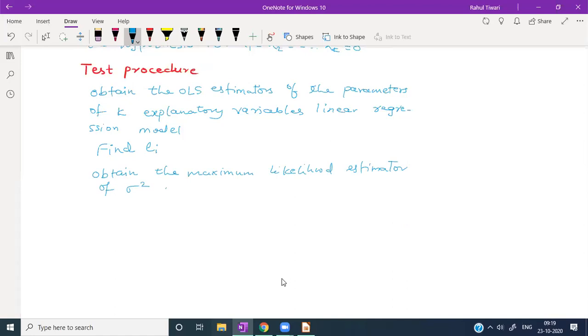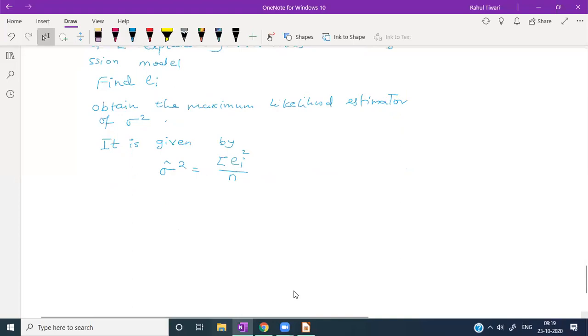I hope you already know what this maximum likelihood estimator is. It is given by sigma hat square is equal to summation ei square upon n.